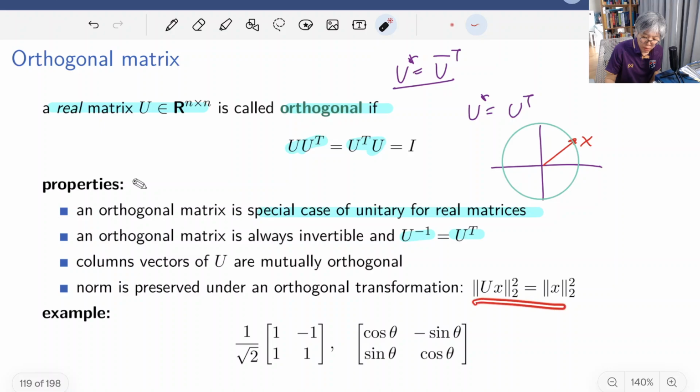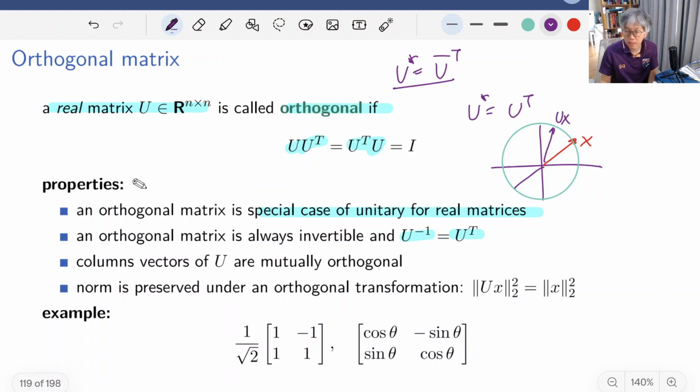So this two norm property basically says that when you map x with any orthogonal matrix, the vector Ux is going to lie on the same norm ball as x.